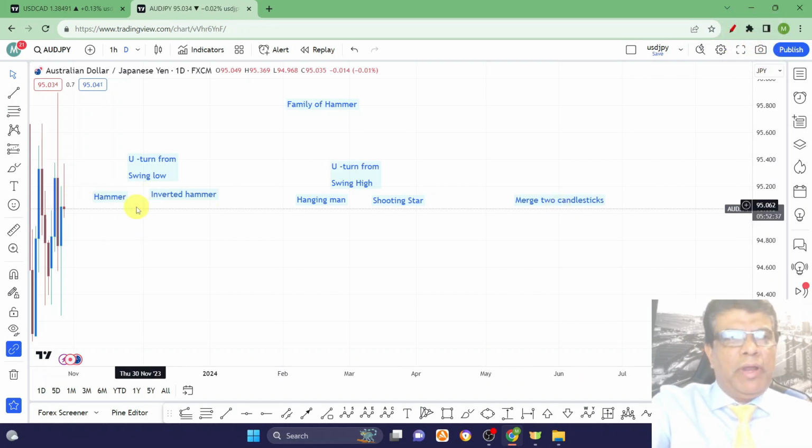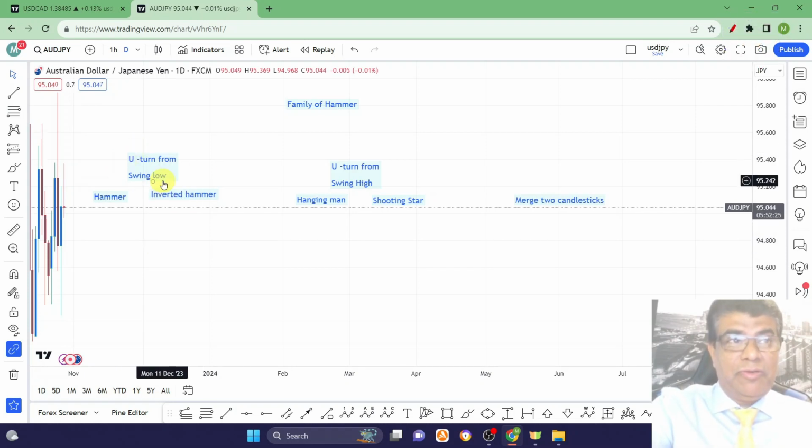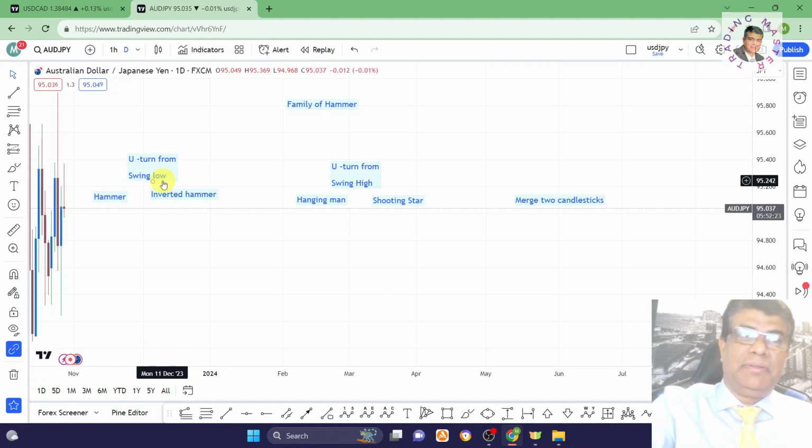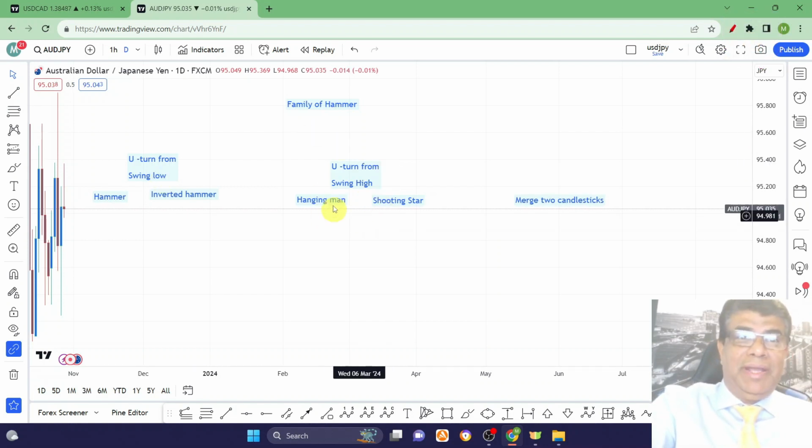And before I go on, I want to tell you this: the hammer and the inverted hammer candlestick, you only look for them at the bottom of the chart, where it is making a U-turn to go up. On the other hand, the hanging man and shooting star are on the uptrend. You have to look for them on the swing high, where it made the highest, because it is making a U-turn to go down.